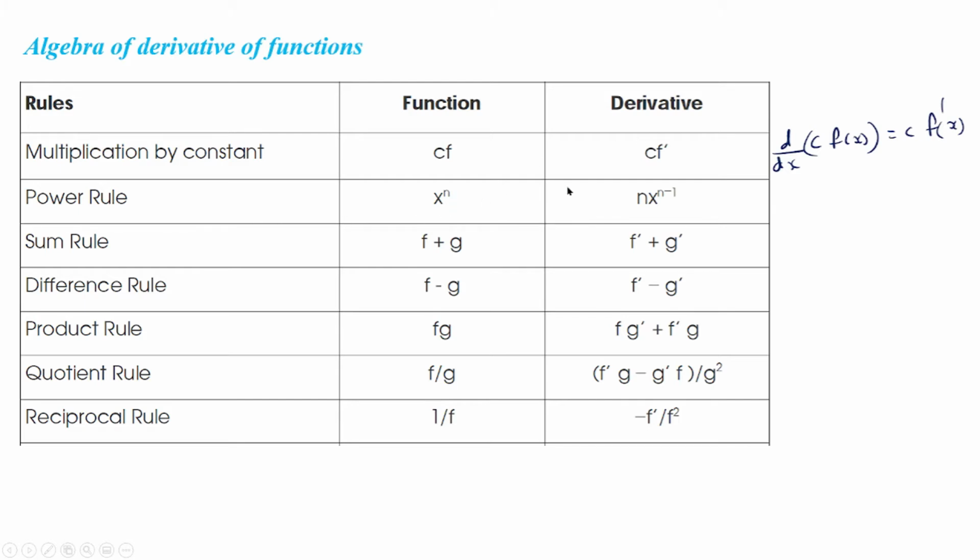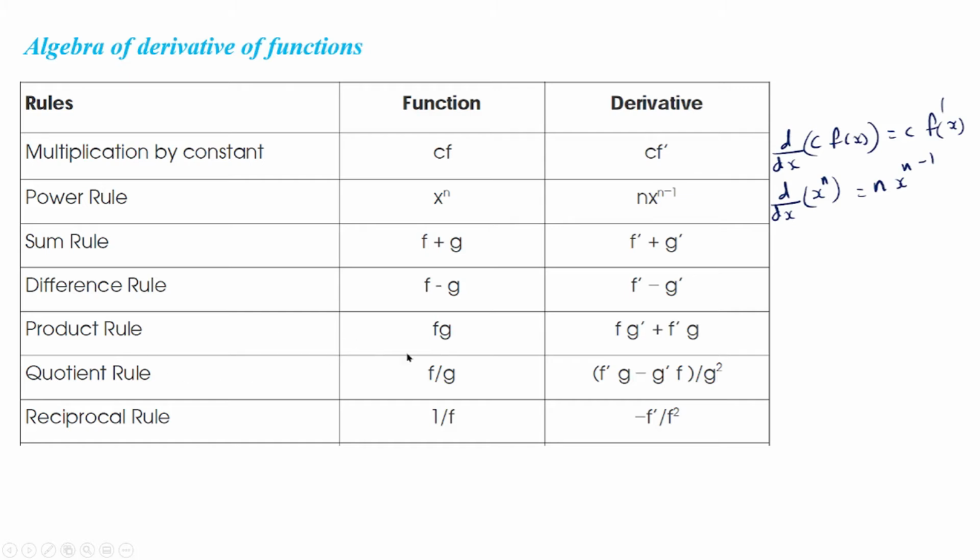The derivative of x raised to n is n into x raised to n minus 1. Then the sum rule, this we just now saw. The derivative of f plus g is f dash plus g dash. The derivative of f minus g is f dash minus g dash.